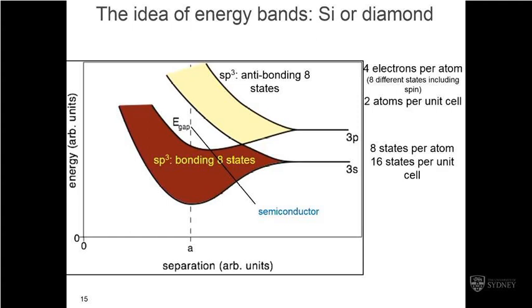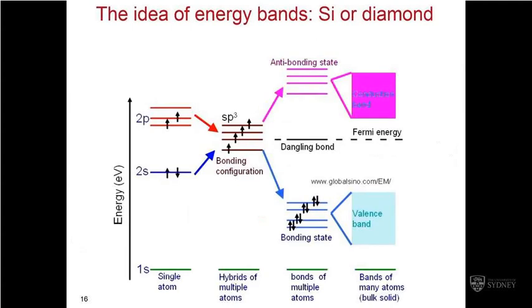Just a little bit more detail on what's behind those bands that I just showed. In the single atom, there are the 1, 2, 3, 4 electrons of the isolated atom.